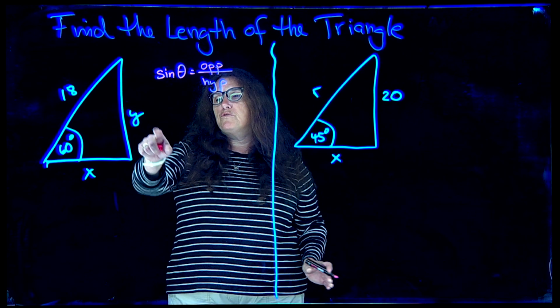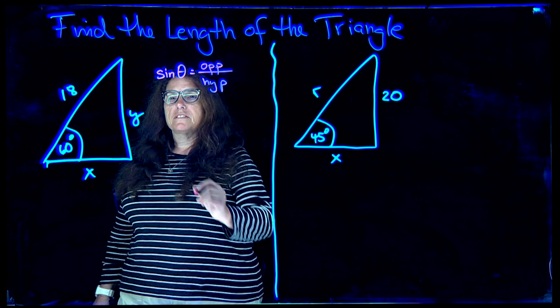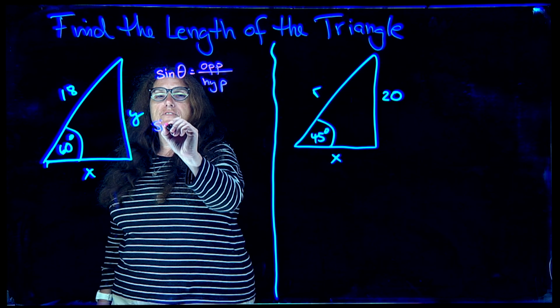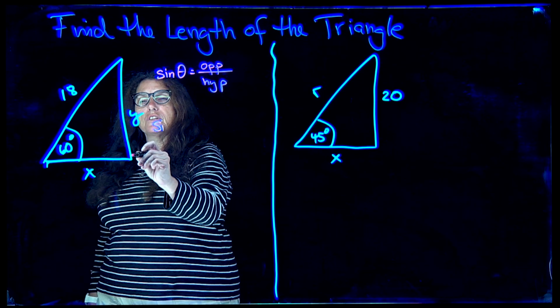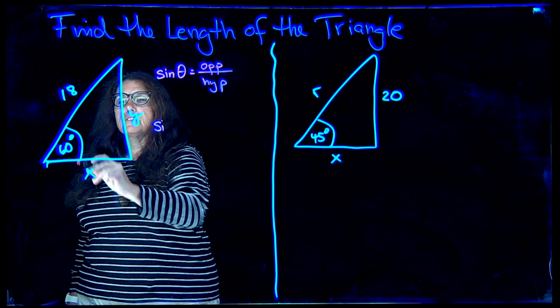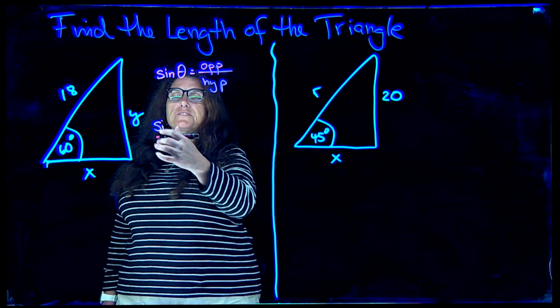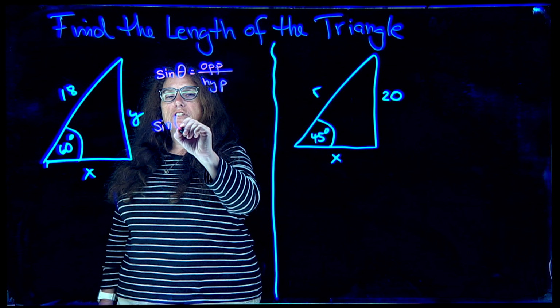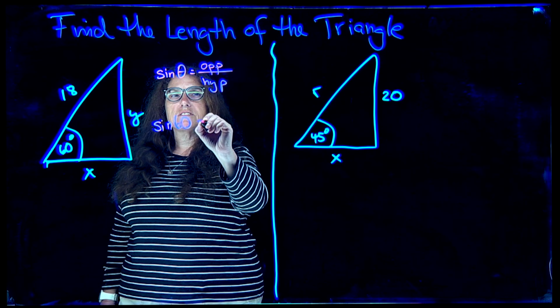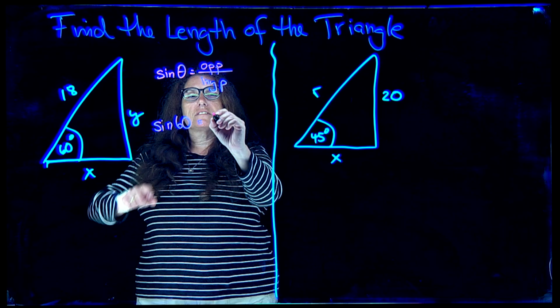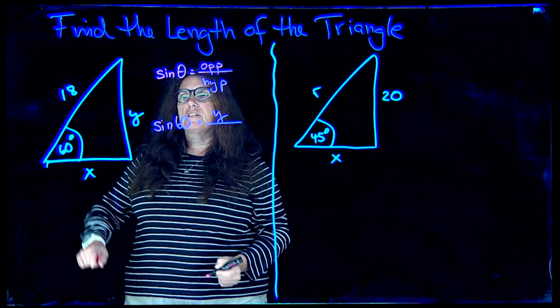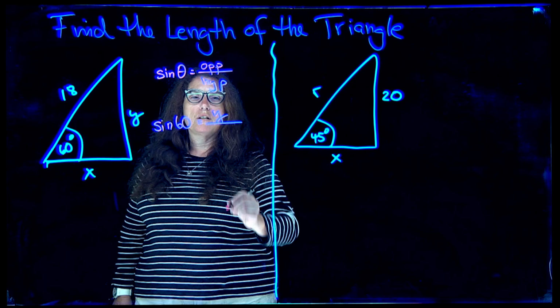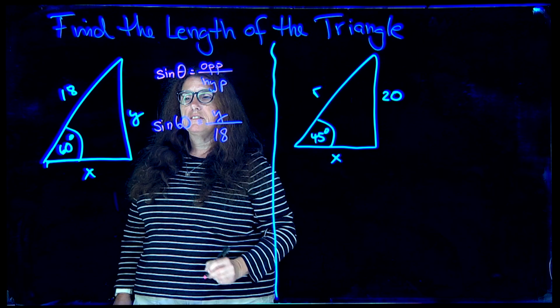So now to find y, first of all, let me explain this: y is opposite to the angle, so I can use the sine function. The sine of 60 equals y over the hypotenuse, and the hypotenuse is 18.